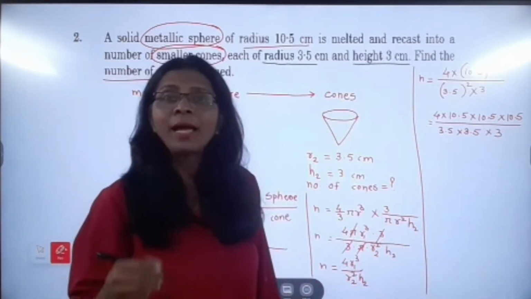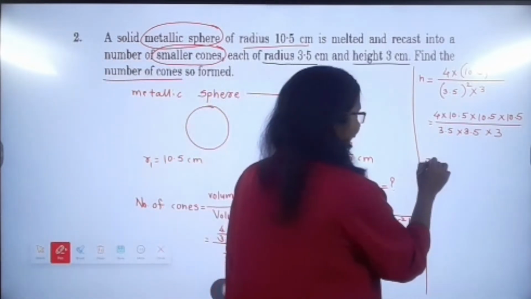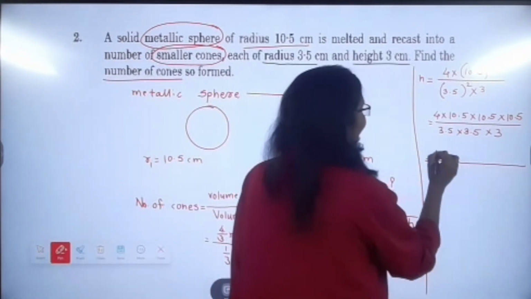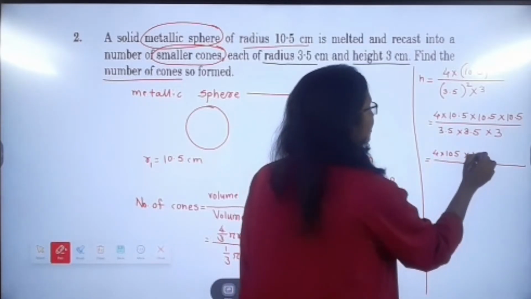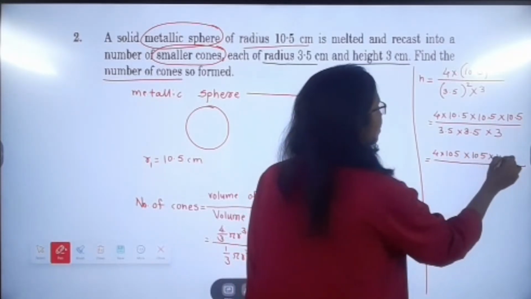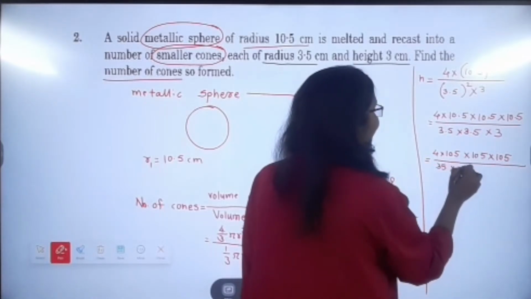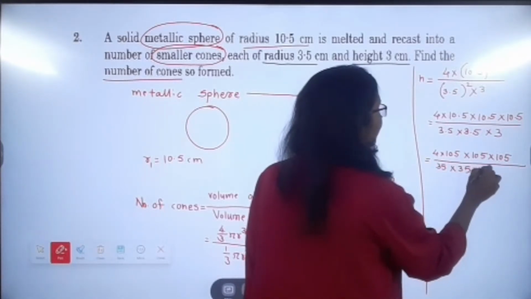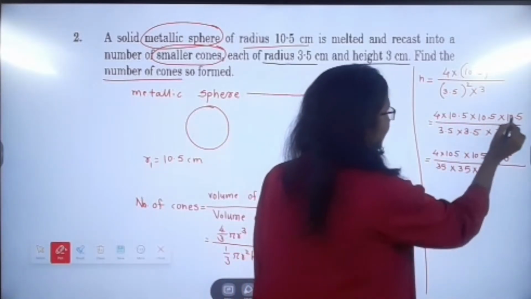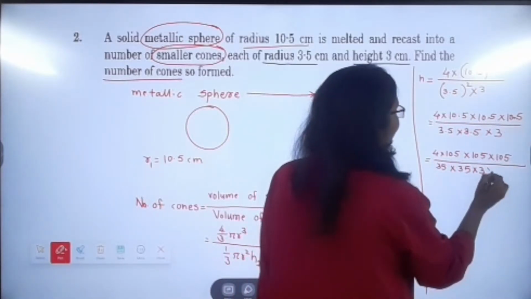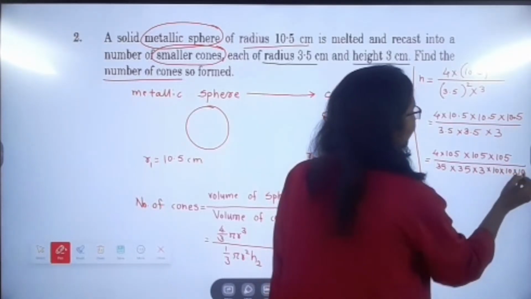Okay, further I simplify it. I remove the decimal point, and then we write 105 multiply 105 multiply 105, and here 35 multiply 35 multiply 3. For 10.5 we write here 10 below, 3 times.